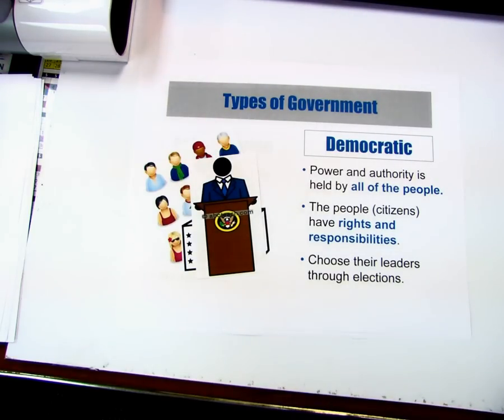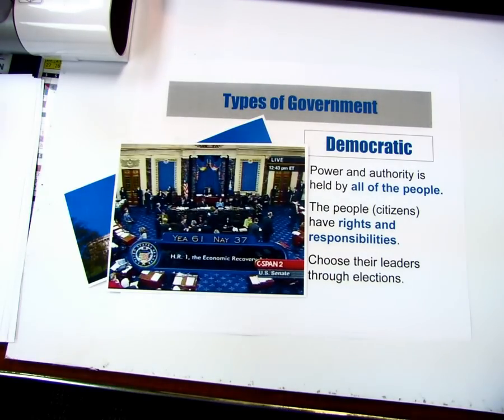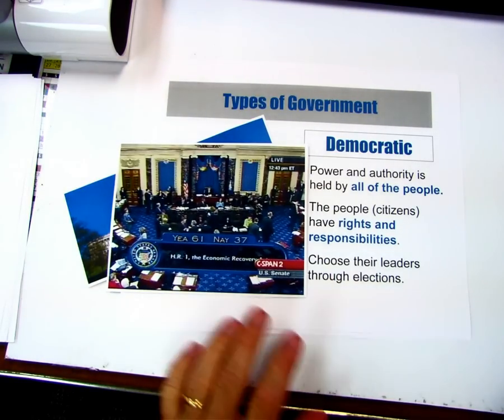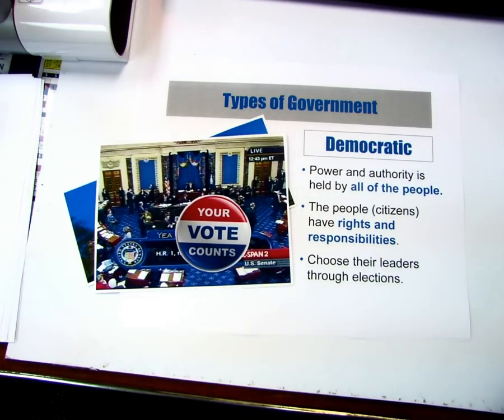Send people to places like Congress in Washington, D.C., to vote and discuss and write laws for the country. So again, the people choose their leaders through elections. And if they don't like their leadership, if they don't like the decisions or the laws written by that government, they can always vote them out next time. Their vote does count.